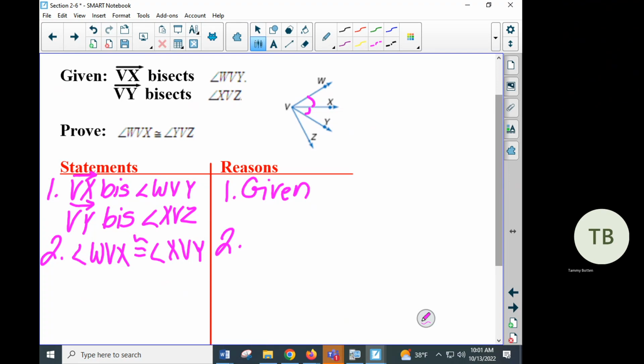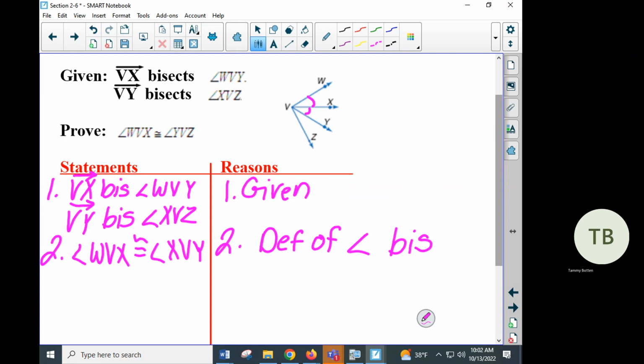Now, this is a step we have not talked about yet, but if something bisects an angle and you say those two parts are congruent, that is called definition of angle bisector. So I just use the angle symbol for the word angle and BIS for bisector.